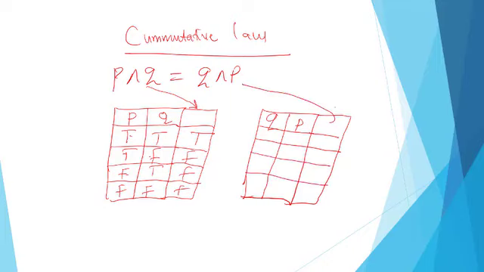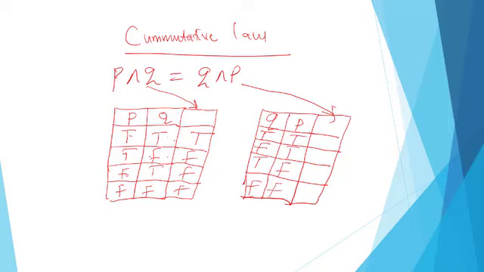Now let's test it. Remember, our Q here is what? True, false, true, false. Don't change the value. And our P originally is true, true, false, false. So let's check Q in conjunction with P.